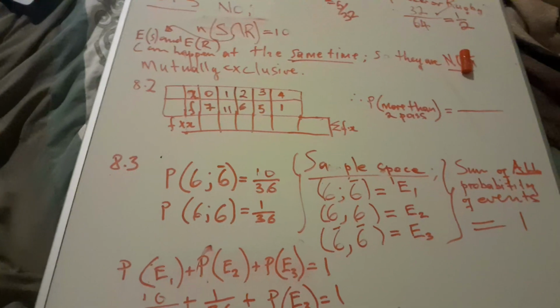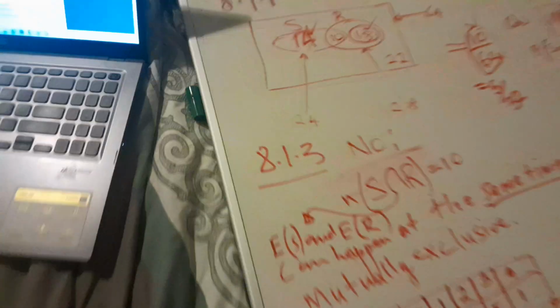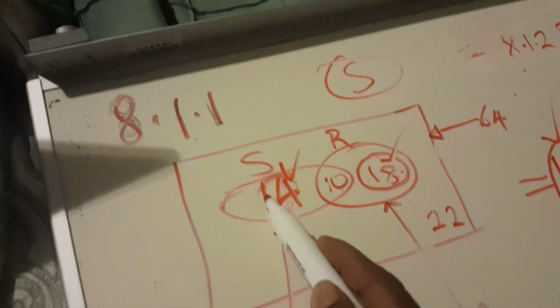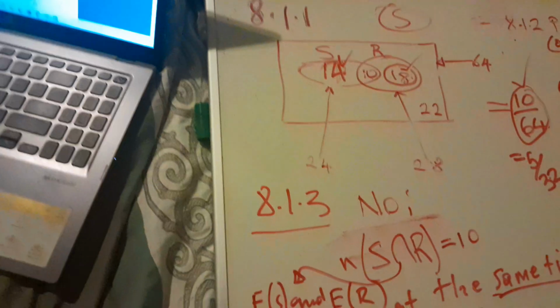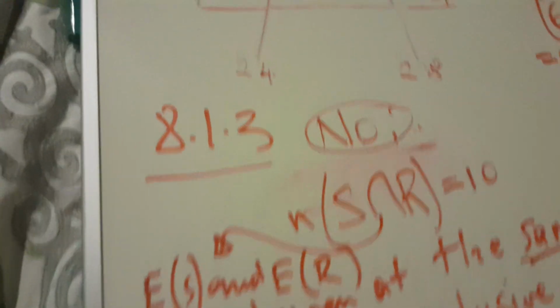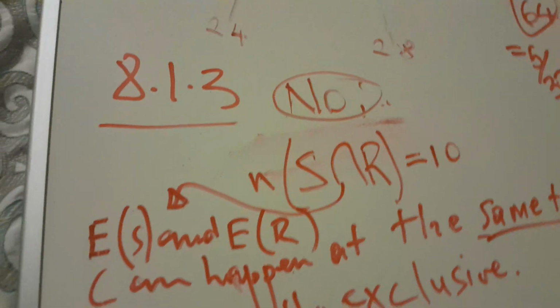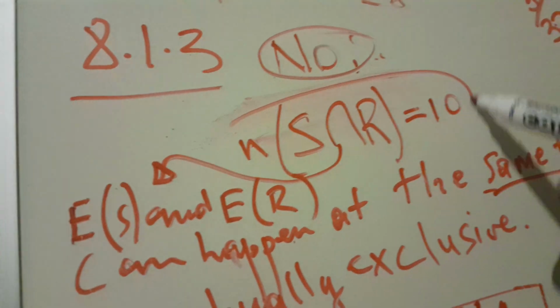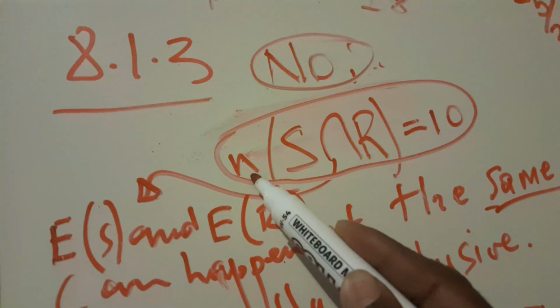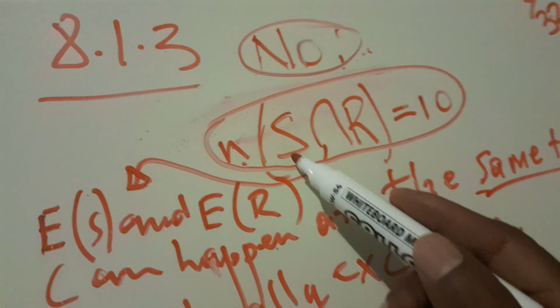But in this case, you can have a situation where the player plays both soccer and rugby, meaning that the answer to this is that no, it is not mutually exclusive. Why? When you are justifying your answer, you'll say that you have 10, the number of learners in the intersection.